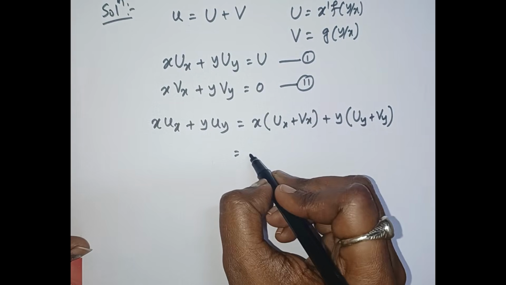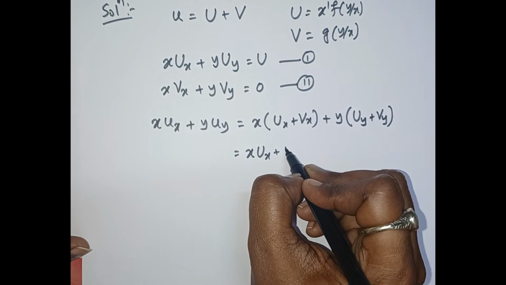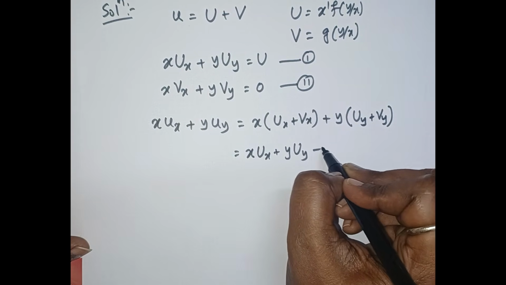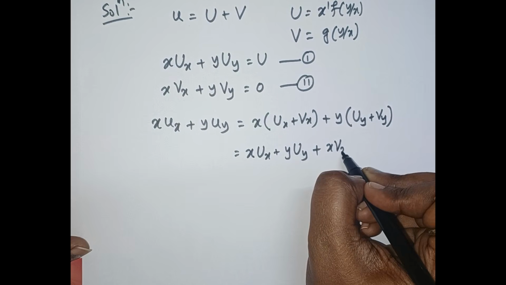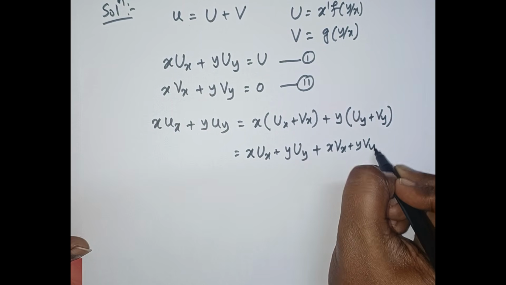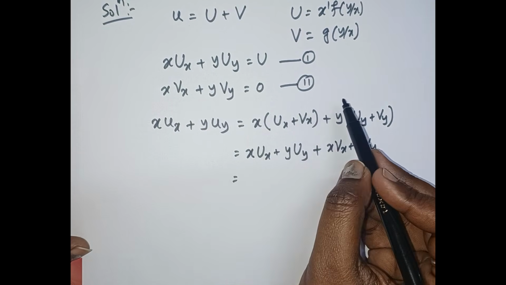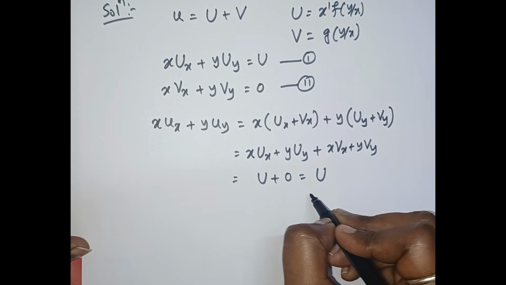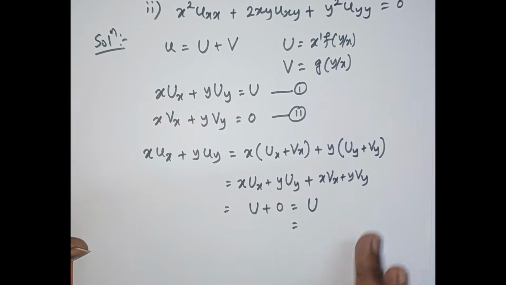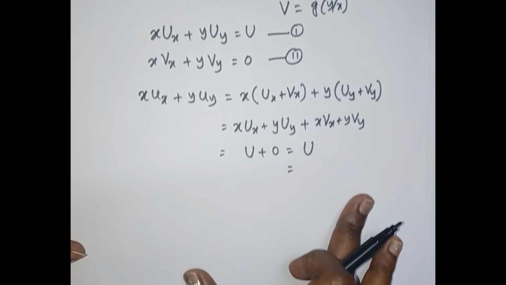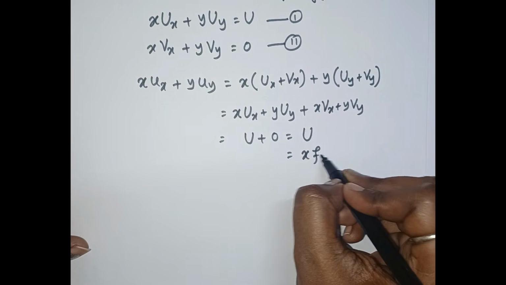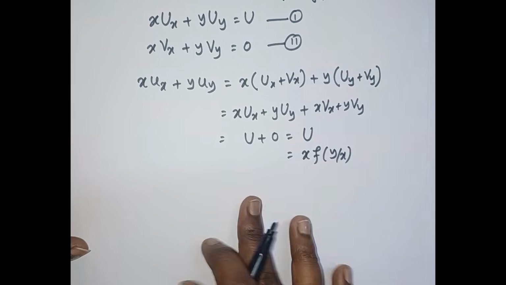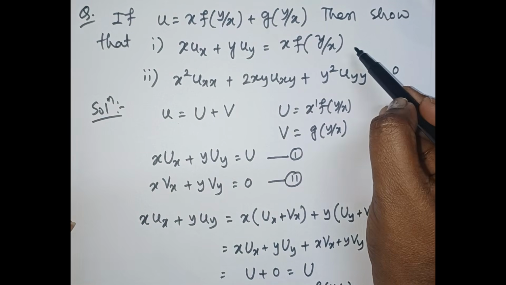Hence, if we separate this, x U_x plus y U_y plus x V_x plus y V_y. Now we will use equations 1 and 2 in this case. So this gives U plus 0, that is U, which is actually x f of y by x. So we write x f of y by x. Hence we proved the first expression.